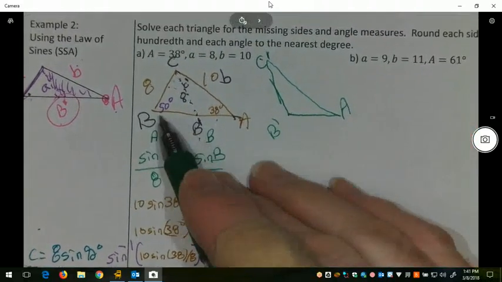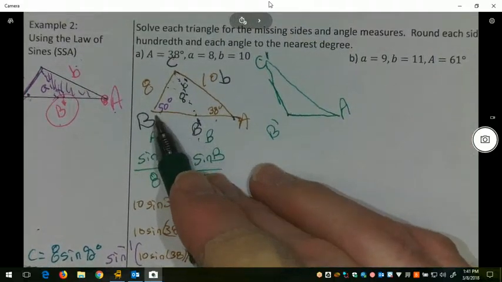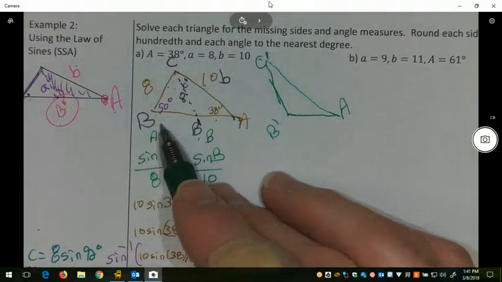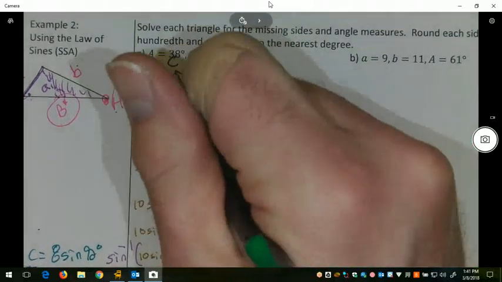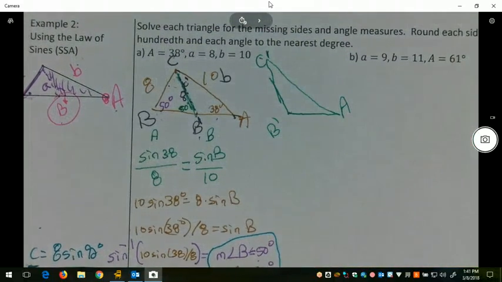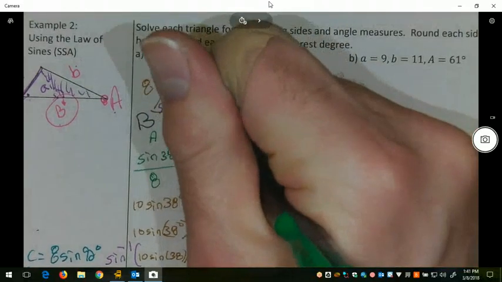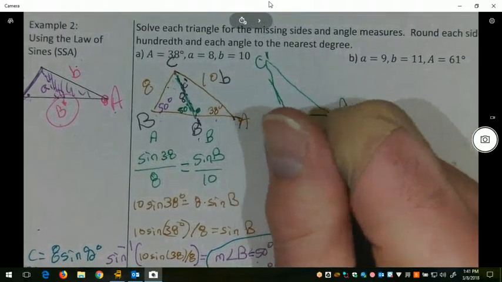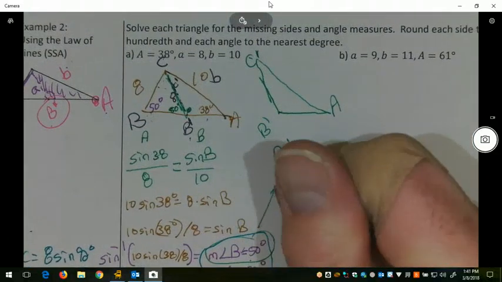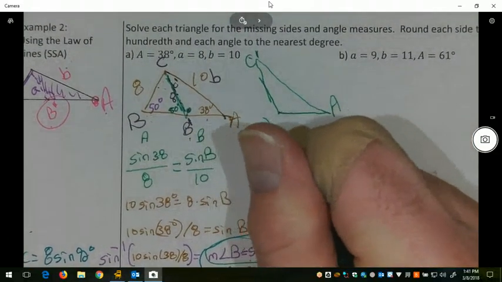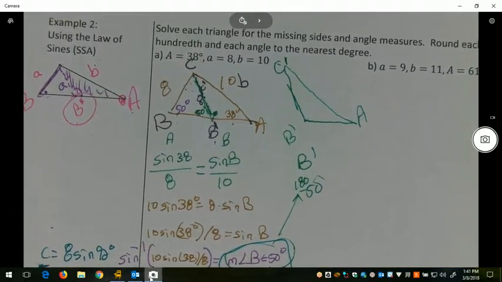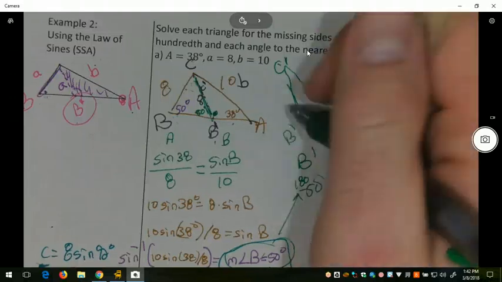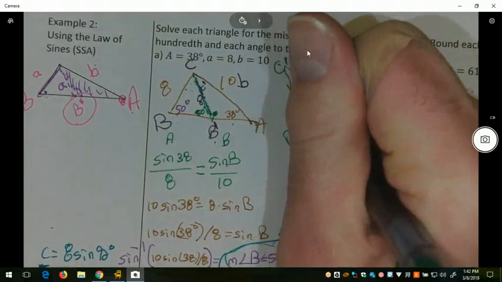Well, here's the thing. If this angle were 50 degrees, which we did find it to be, it is possible that there's this isosceles triangle in here, making this the other 50 degrees, which means that this angle B prime, because B is 50, B prime would be 180 minus 50, which would give us 130 degrees here for B prime.